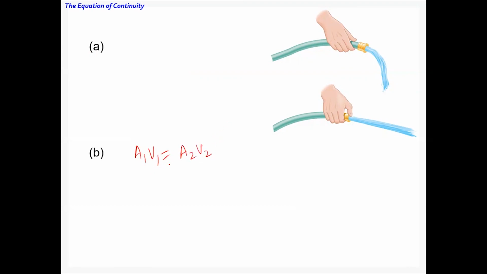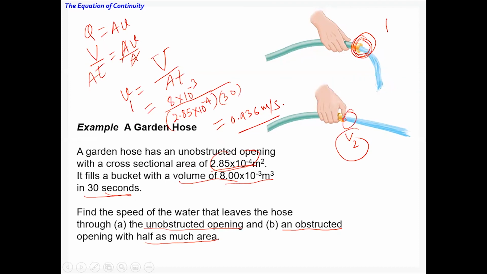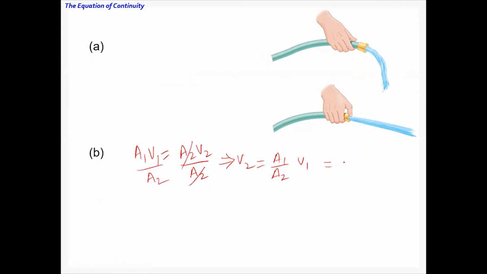If you divide both sides by A2, you get V2 equals A1 over A2 times V1. We know V1, which is 0.936.